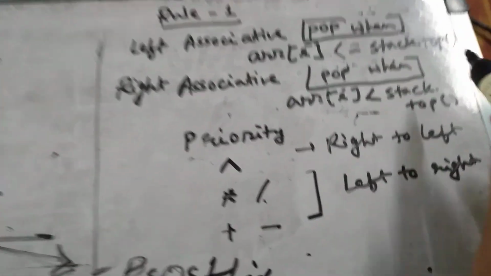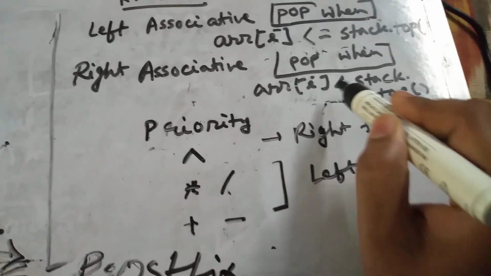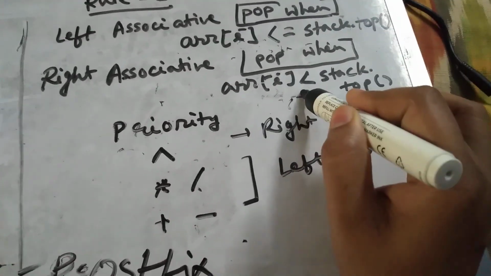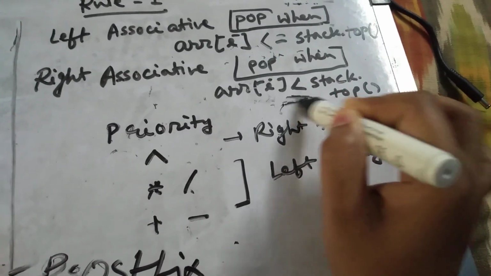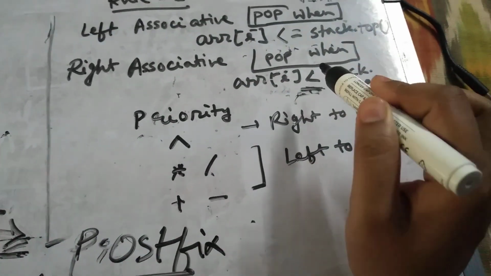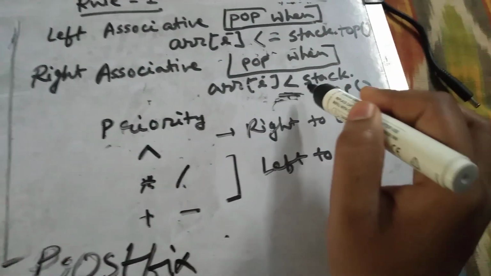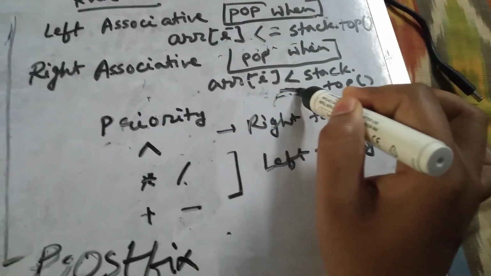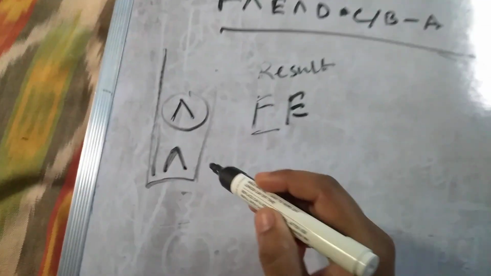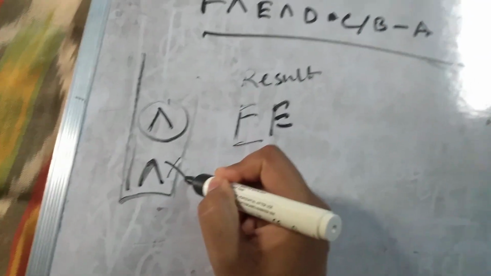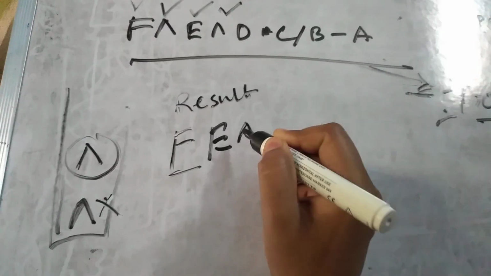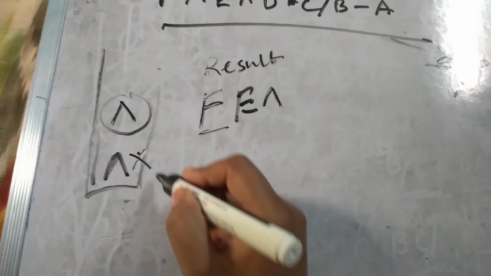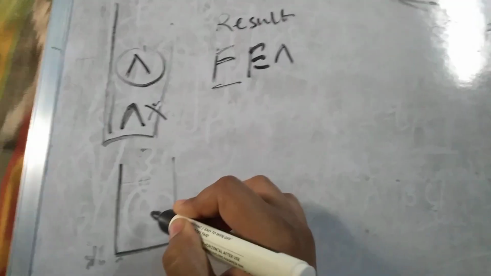So here the change happens: if the right associative operator is less than or equal to the stack top, this is different from the postfix rules, so I change it right now to help you remember. If this is less than or equal to, then you have to pop it, meaning take it to the result. Understood? Now the stack holds only one power operator.